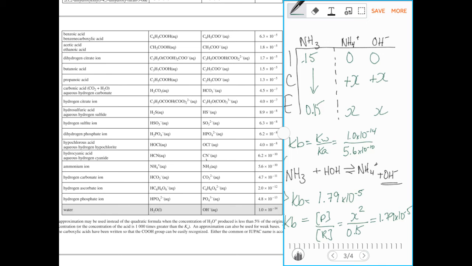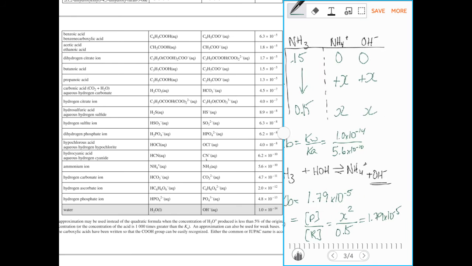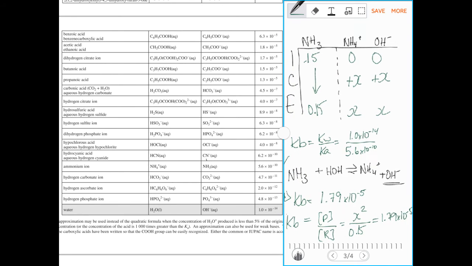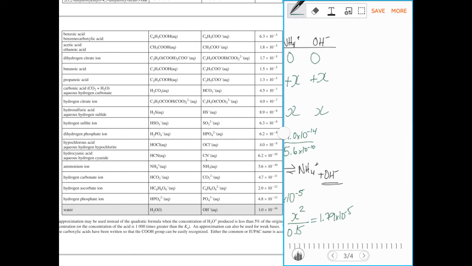When I simplify that a little bit, I get that x squared is equal to 2.68 times 10 to the negative 6. And when I square root that, I get my x.